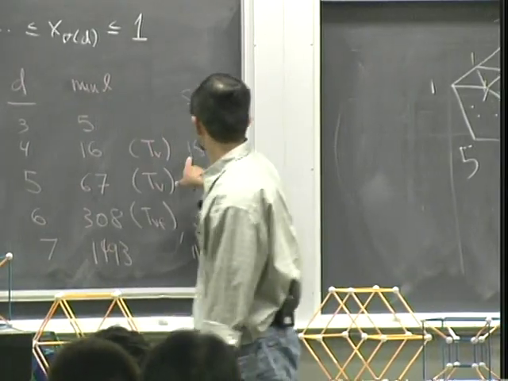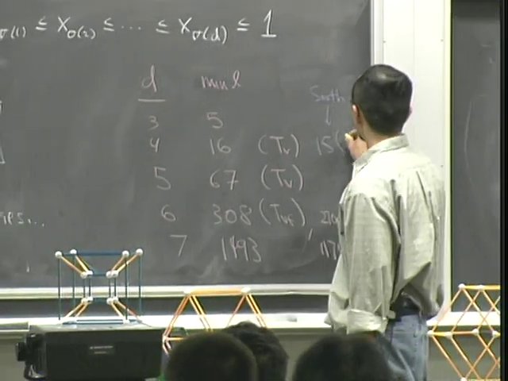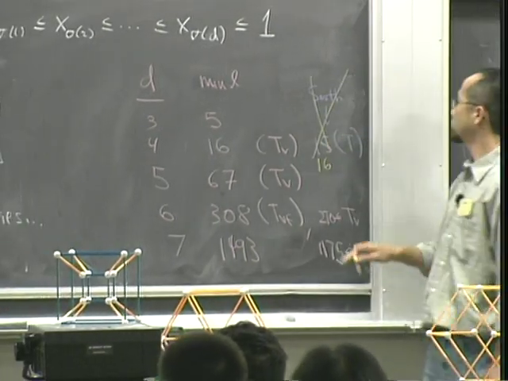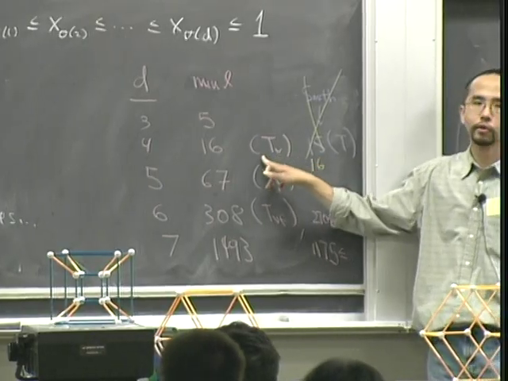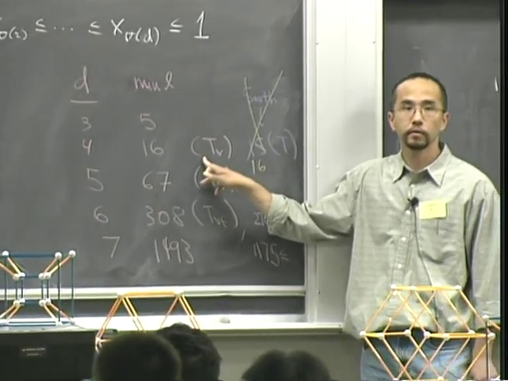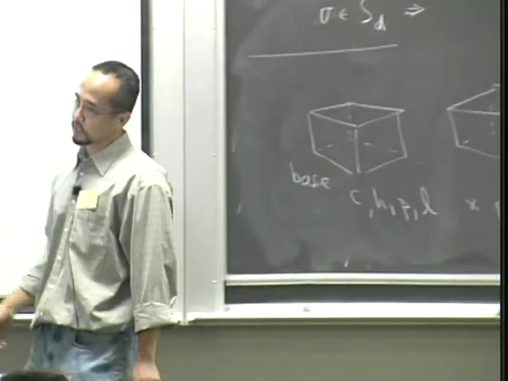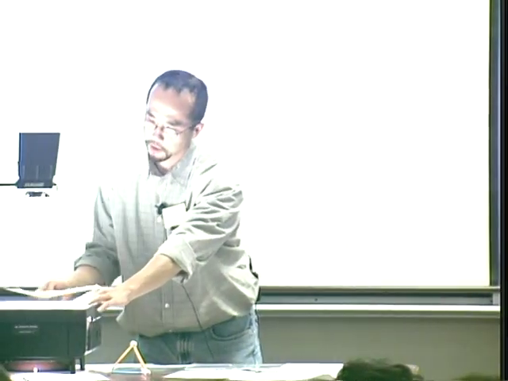And so what this means is that we know that adding extra vertices in the 4-cube does not help. Okay. So now dimension 5 is the first case where we don't actually know whether adding extra vertices helps or not. So that's something that perhaps some of you may want to think about.